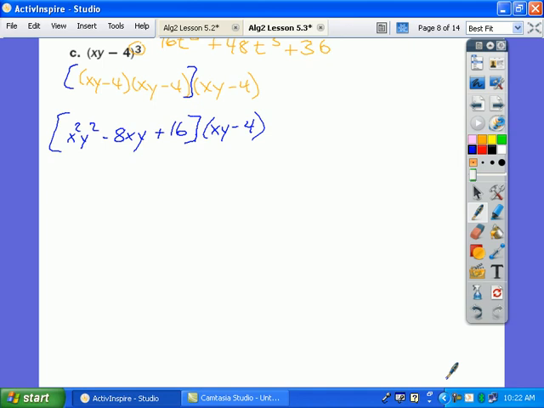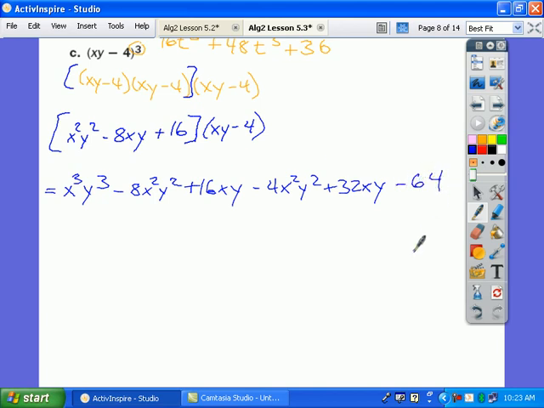So (xy - 4) times (xy - 4) should give us x squared y squared minus 8xy plus 16. And now we have to do this again. This time there should be 6 multiplications. So x squared y squared times xy, x cubed y cubed. xy times minus 8xy is minus 8x squared y squared, plus 16xy, minus 4x squared y squared, plus 32xy, minus 64.